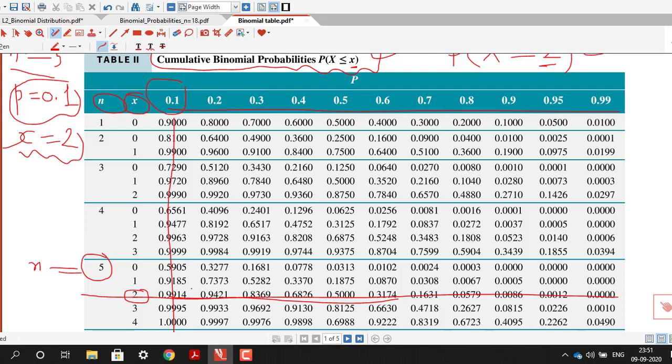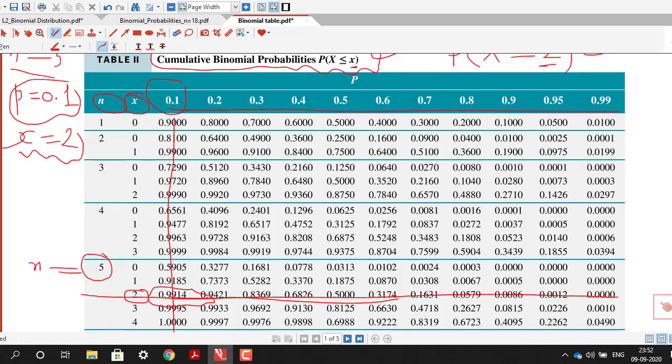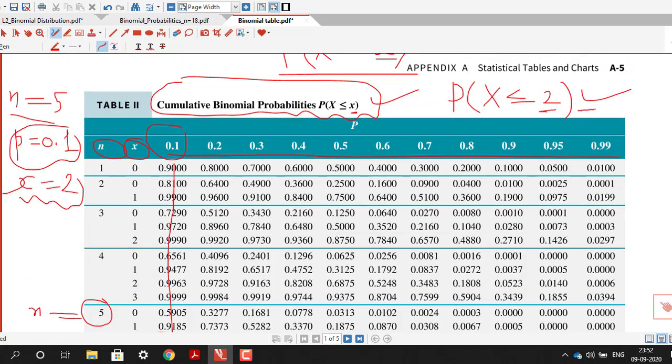And we find out what is the intersecting point of these two. So it is nothing but 0.9914. So this probability is nothing but 0.9914.